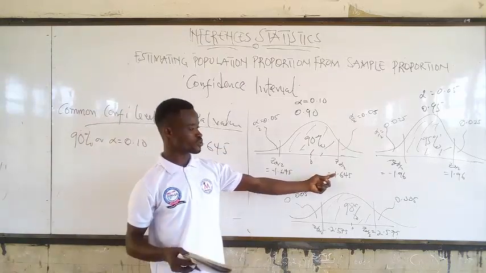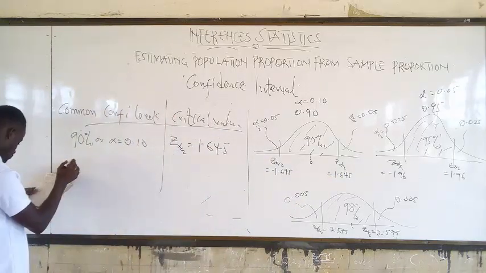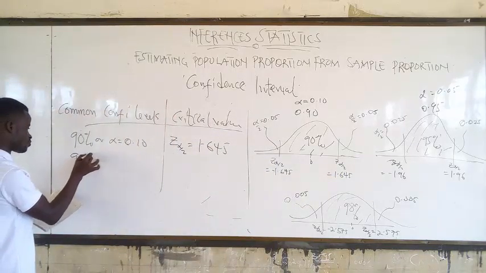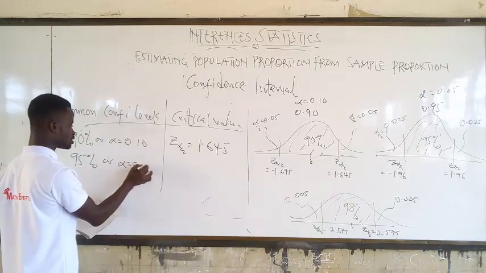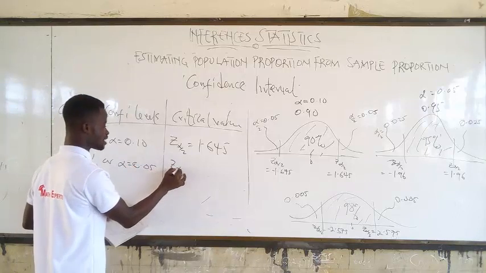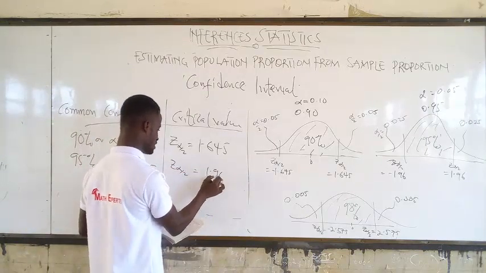So that is what you're going to write here. Then you negate it to represent it here. Good. So if you have 95% or alpha level of 0.05, the Z alpha over 2 is going to be equal to 1.96.